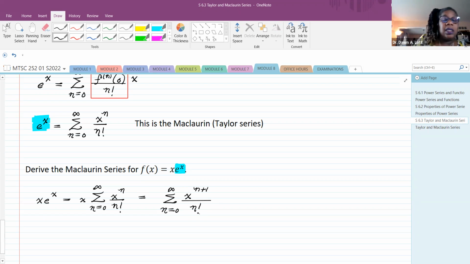So that's a nice slick way to find the Maclaurin series for something else from one that you already know. Instead of doing all the derivatives and everything, I can do x e to the x by just multiplying what I found for e to the x by x.